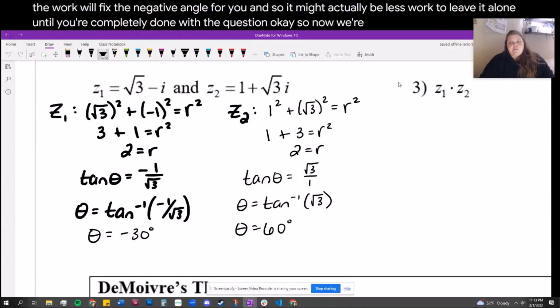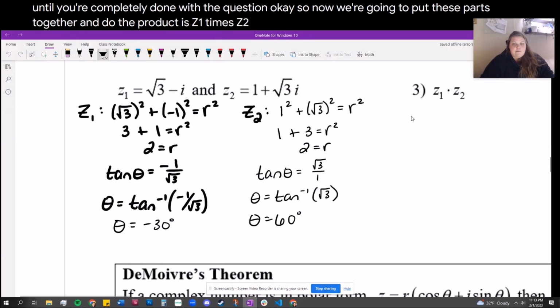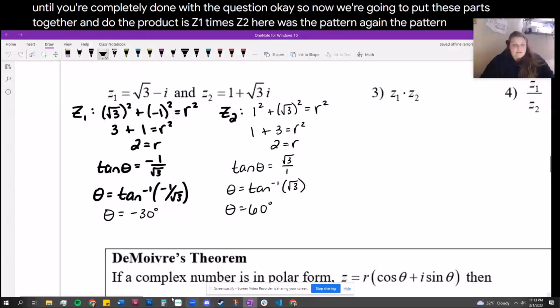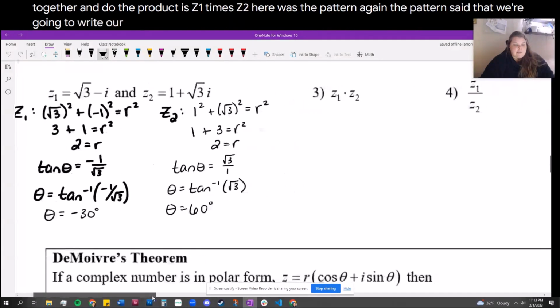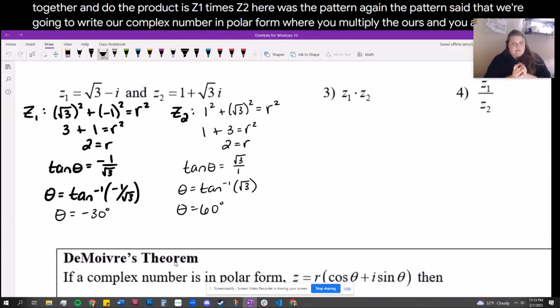Okay, so now we're going to put these parts together and do the product Z1 times Z2. Here was the pattern again. The pattern said that we're going to write our complex number in polar form where you multiply the r's and you add the angles.